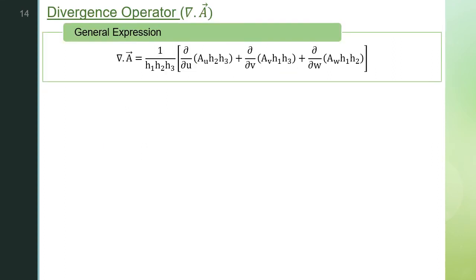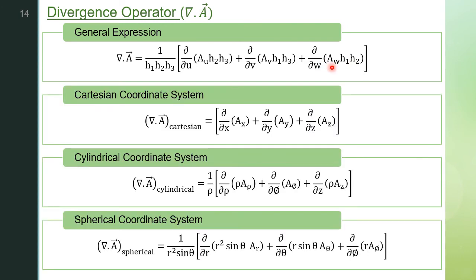So the general expression for divergence of a vector is given by 1 by h1 h2 h3 dou by dou u of h2 h3 into the magnitude along u direction plus dou by dou v of h1 h3 into magnitude along v direction plus dou by dou w of h1 h2 into magnitude in w direction. Similarly, we can get the expression in each coordinate system by substituting the value of u, v, w and h1, h2, h3. So this is the expression for divergence of a vector.